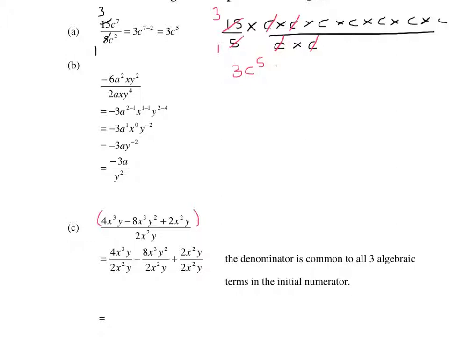And you can do that if you realise that the denominator can be written as 1 over 2x squared y, and then that can be what is then being multiplied by the entire bracket.